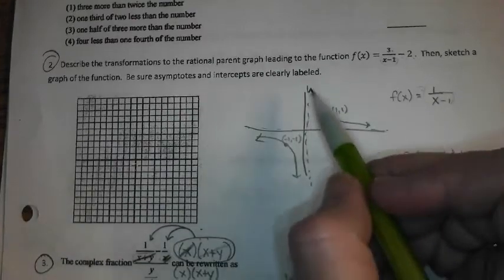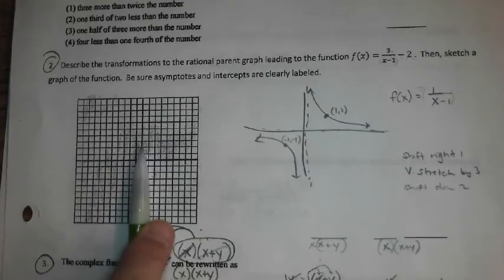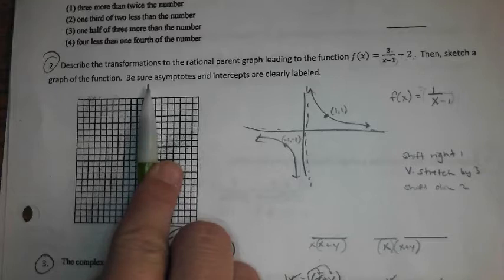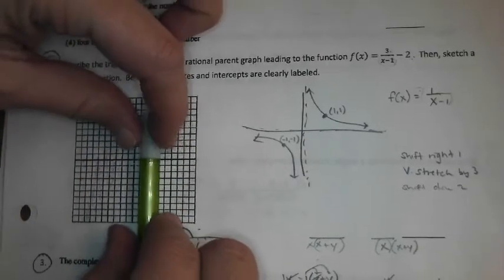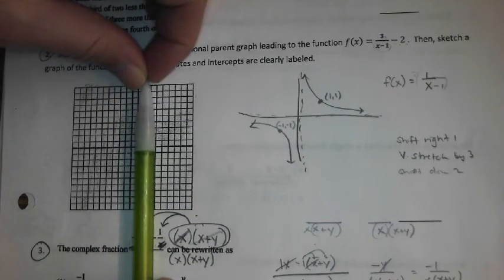So maybe you start with the asymptote. If I take a vertical asymptote and I shift it right 1, that does move it right 1 unit. So now it's at x equals 1. And if you stretch it by 3, picture me taking this pencil and stretching it vertically by 3. A line is already infinite, so it's just going to get longer, right?